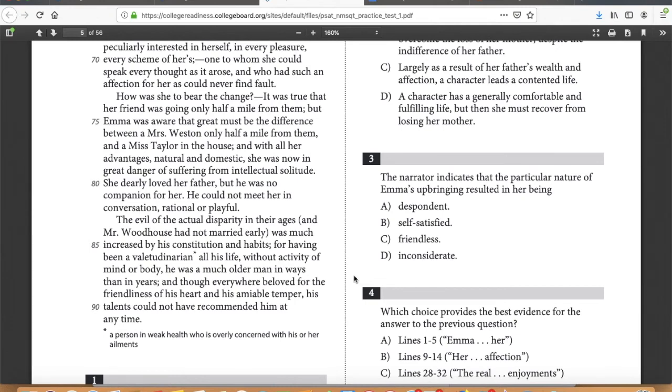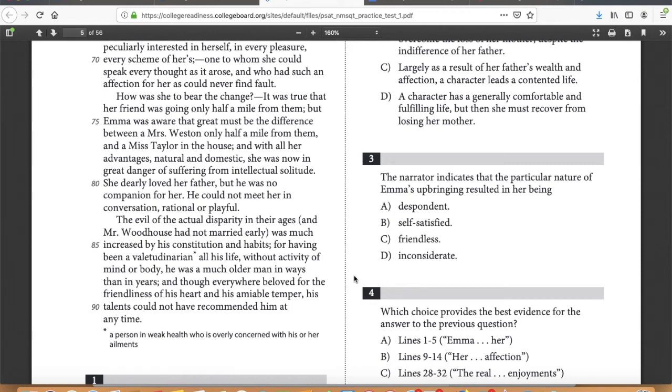Gotcha. So what is the author saying here? That the actual disparity of their ages was much increased by his constitution and habits. What does that mean? That they were not similar. They didn't have much in common. It's more specific than that. The evil of the actual disparity in their ages, and Mr. Woodhouse had not married early, was much increased by his constitution and habits.